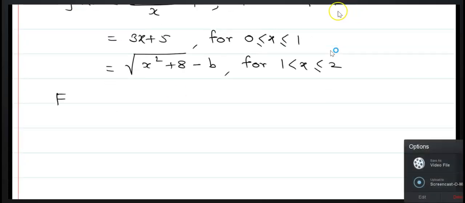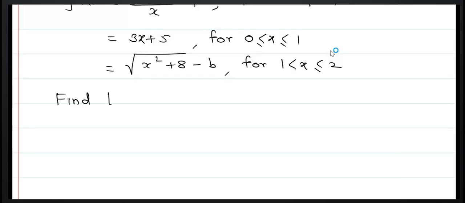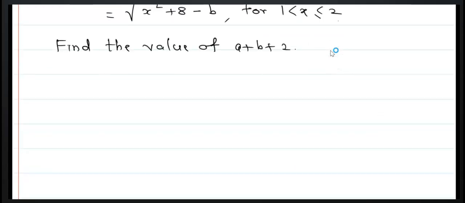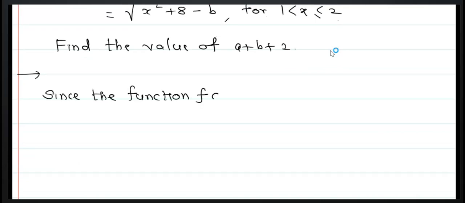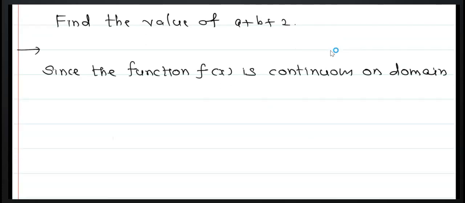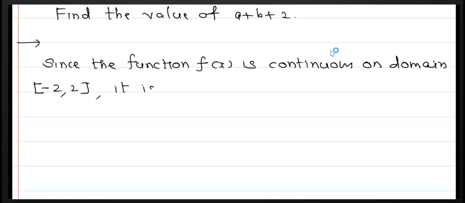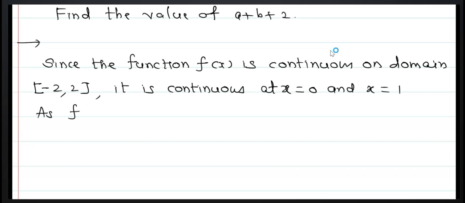Now see this here, the given function breaks at the points 0 and 1. Therefore, find the value of a plus b plus 2. Since the function f of x is continuous on the domain minus 2 to plus 2, it is continuous at x equal to 0 and x equal to 1.